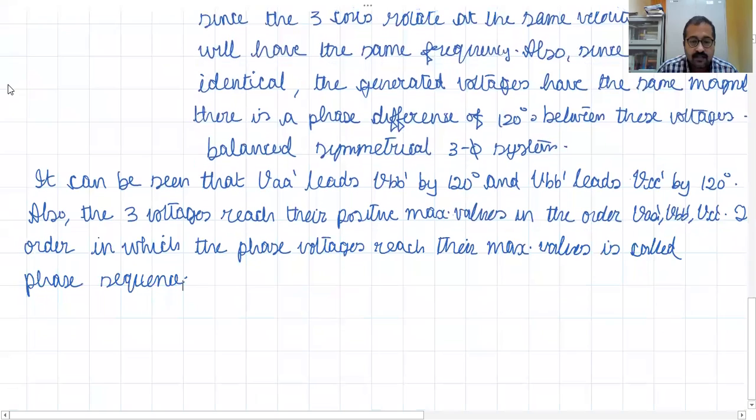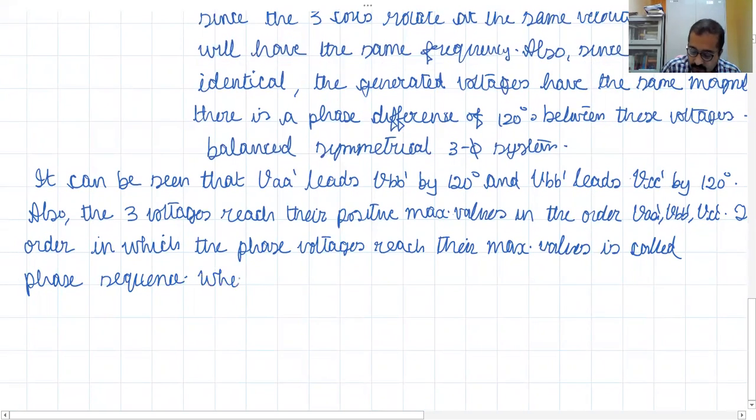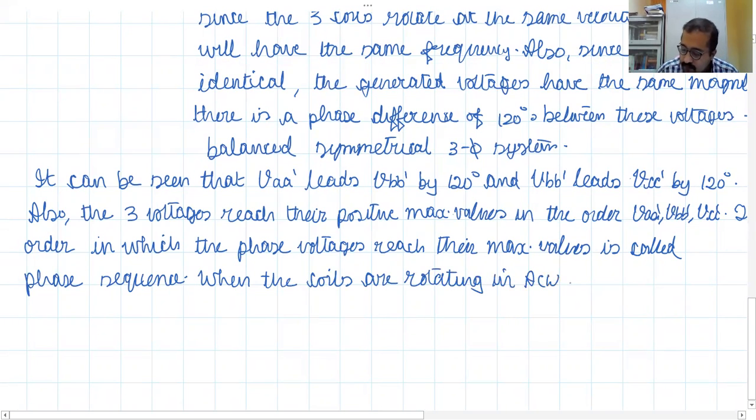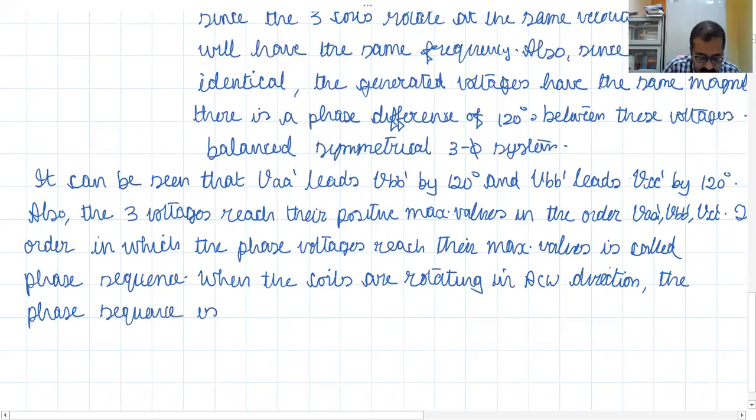When the coils are rotating in the anti-clockwise direction, the phase sequence is ABC or RYB. That's also called positive phase sequence.